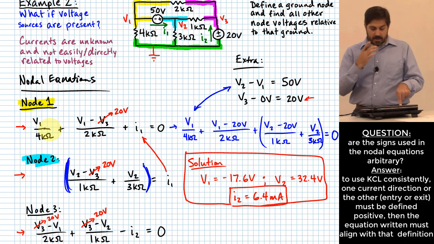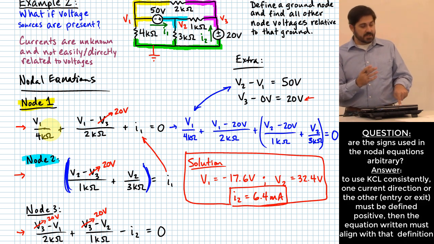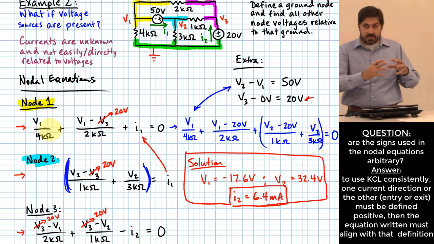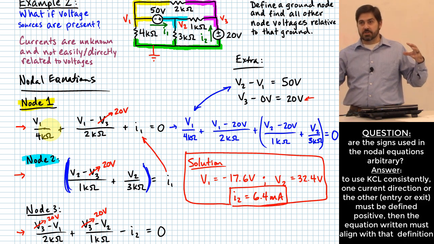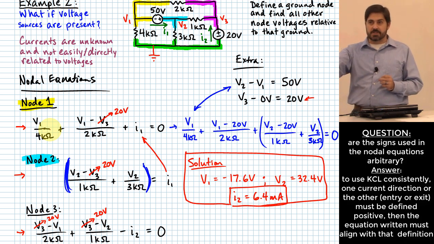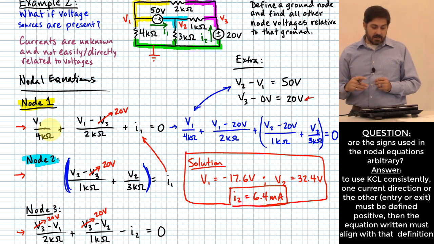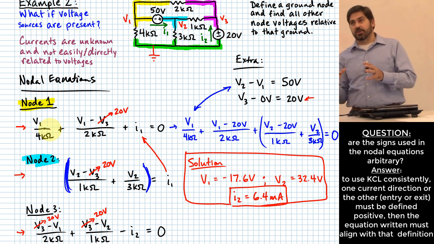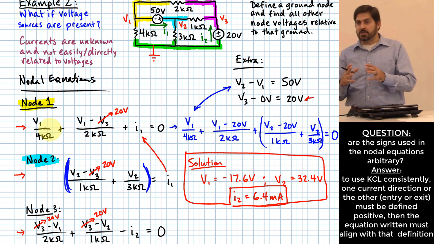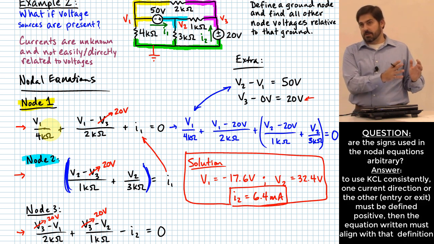What that does is it allows you to write everything consistently in your equation, but whether or not things are entering and exiting is going to depend on what your final results say in their signs. And those will not come out arbitrarily. Those will come out to match the assumption that you made to begin with.